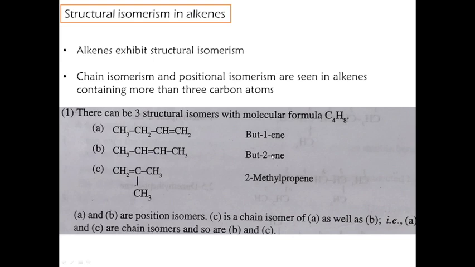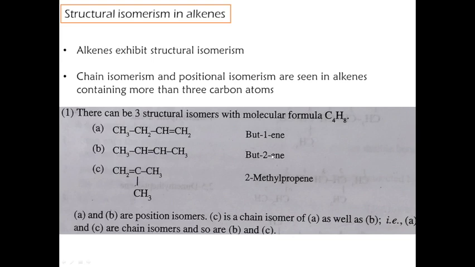We have C5H10 as the molecular formula, and then we have different structures possible A, B, C, D, E. Okay. So in this case, A and B structures are the same, but the position of the carbon-carbon double bond is different. So A and B are examples for position isomerism. Okay. But in this case, C, D, and E, in these three cases, the structure is the same, but the carbon-carbon double bond position is different.